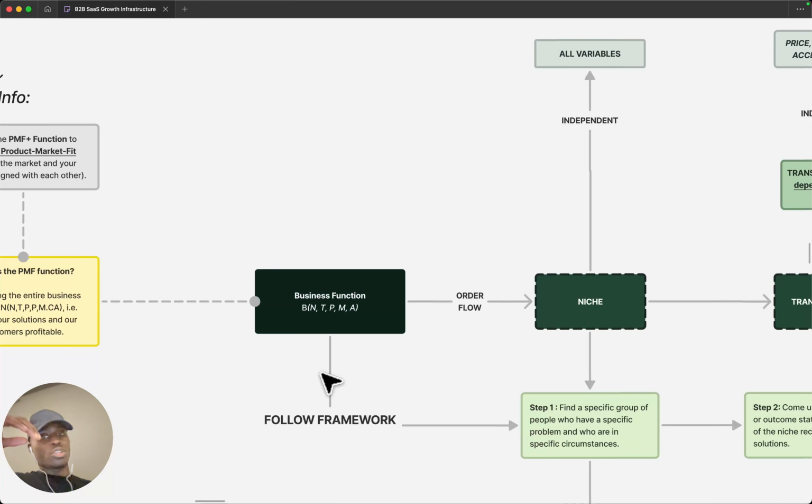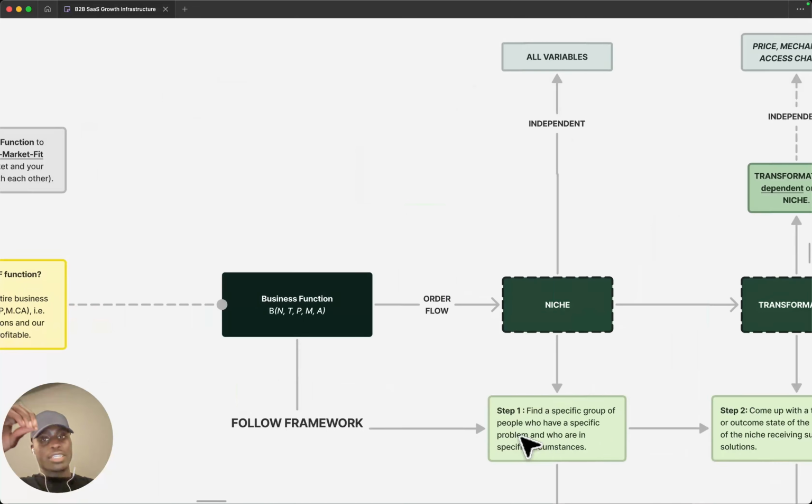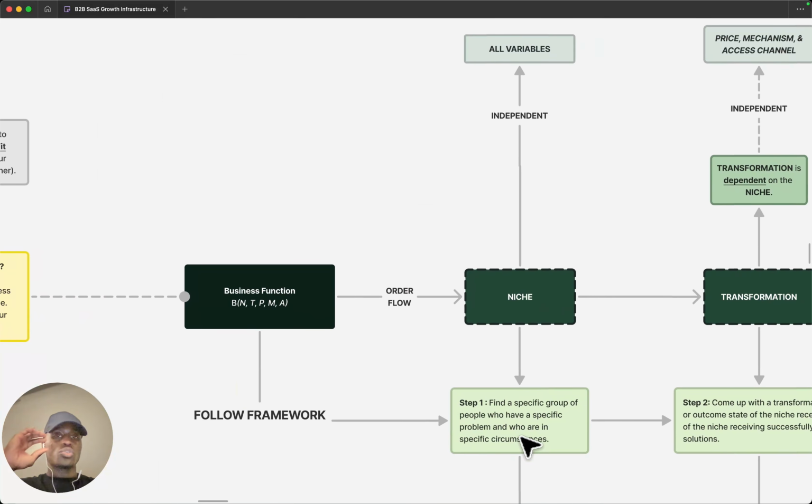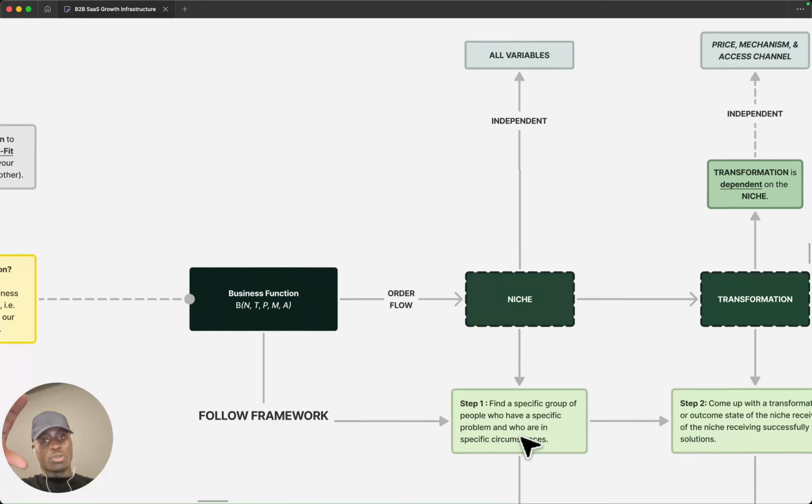The mechanism you are leveraging to solve that problem, and the access channel you're going to use to get more of the customers that you want to consume your product. So we'll follow this same framework.